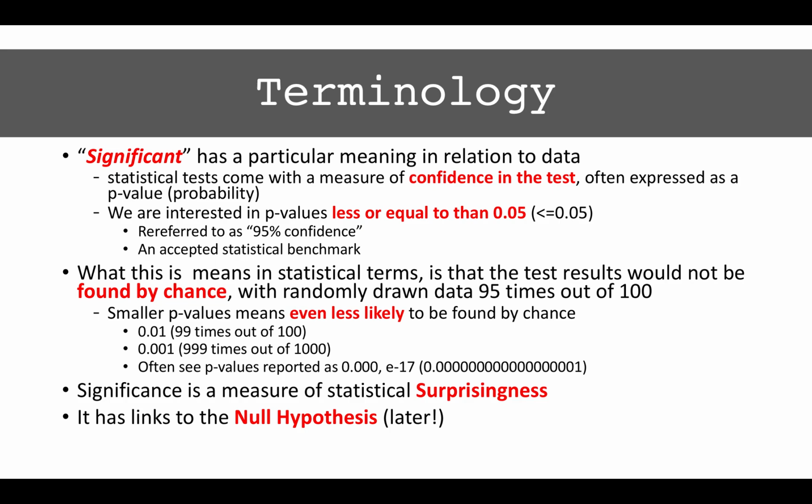So really, significance is a measure of statistical surprisingness. It gives you a measure of how surprising the result is. And this has strong links to the null hypothesis, which we'll talk about later.